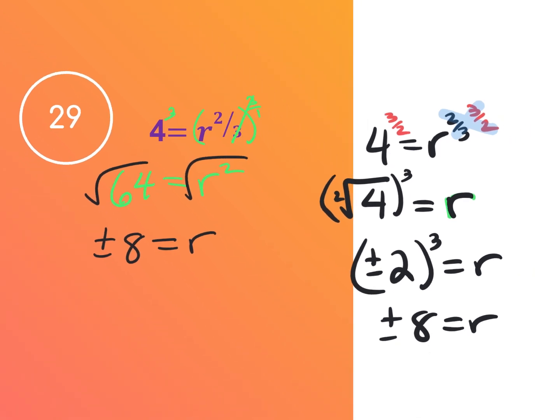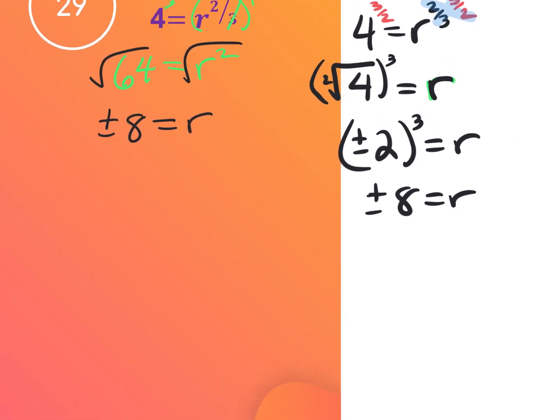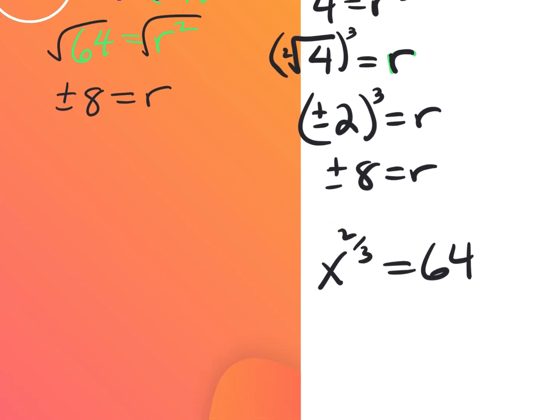Like for example, let's say I gave you x to the 2/3 equals 64. So if you try to raise both sides and do it the first way I did it, raise both sides to the third power, then this is going to be huge without a calculator. So again, it would definitely be better to multiply it by the reciprocal.